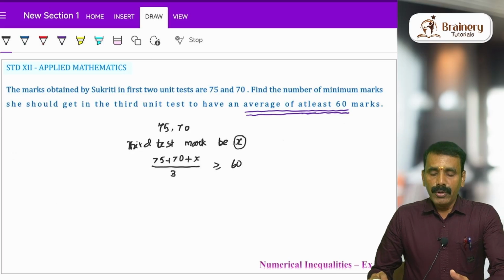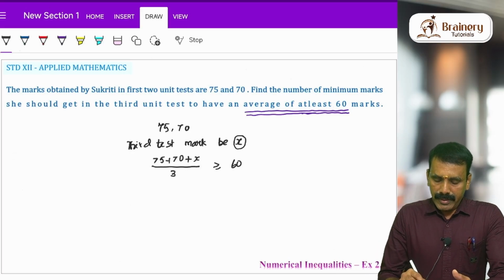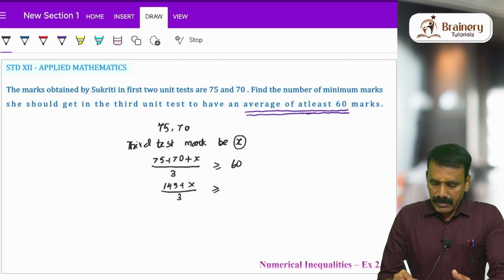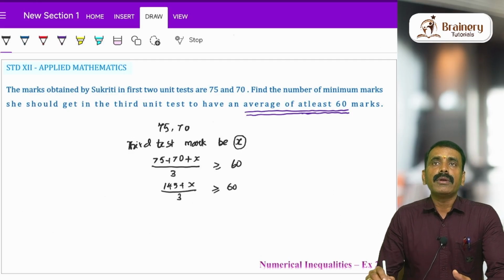So we simplify the numerator, the left hand side. 75 plus 70 is 145. So (145 plus x) divided by 3 is greater than or equal to 60. So this is the inequality.